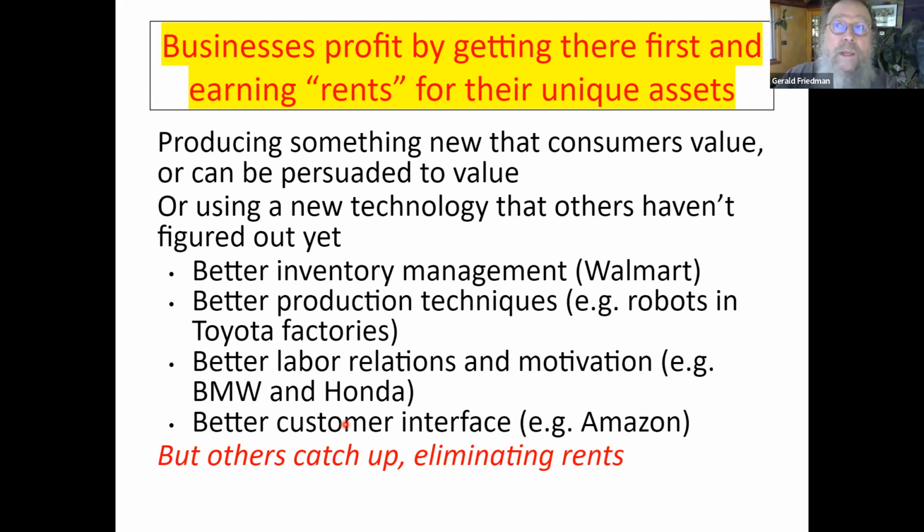Walmart pioneered better inventory management and use of container shipping, an idea that they got from the US Armed Forces, who developed container shipping going across the Pacific to supply the US military in Vietnam.